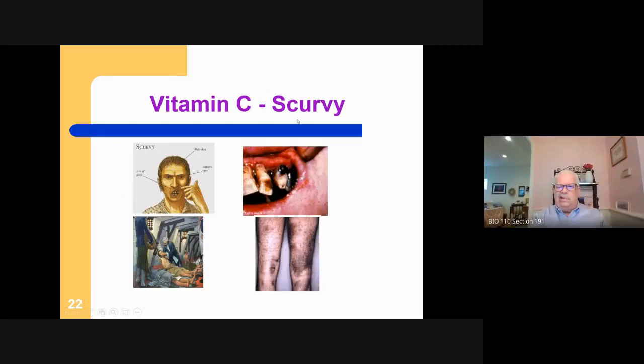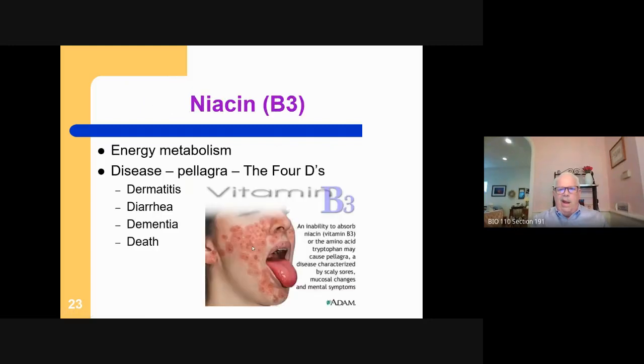Scurvy is a disease with a lack of vitamin C. It causes bleeding gums and bruising. The word is scurvy, and it is treated with vitamin C, and it goes away. Niacin. Niacin is known as B3. It is involved in energy.